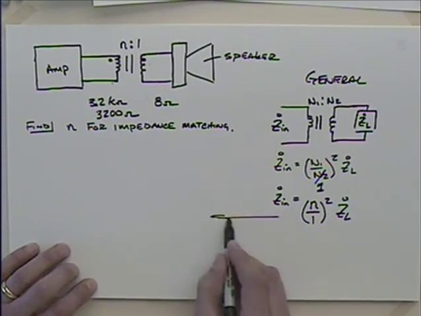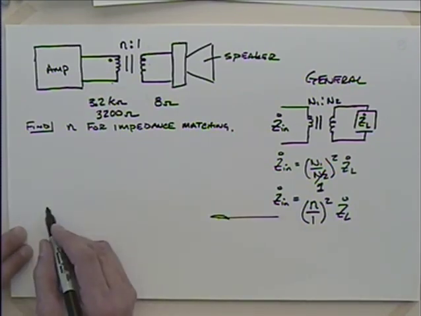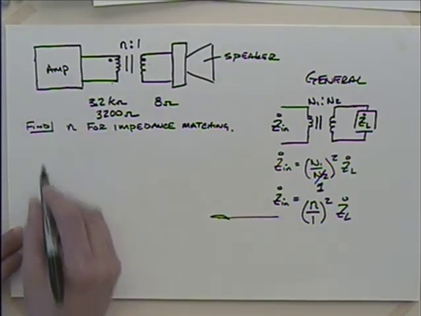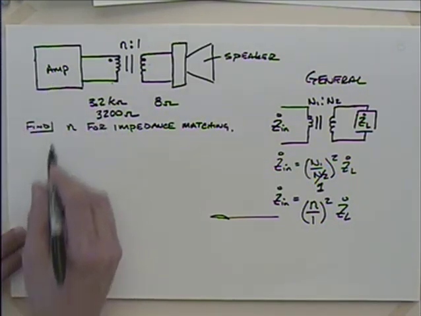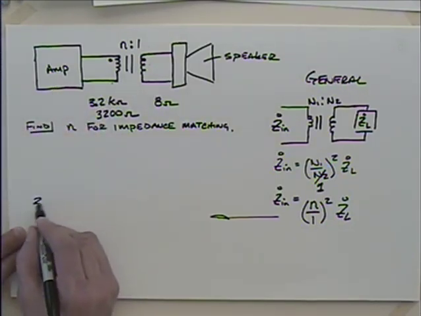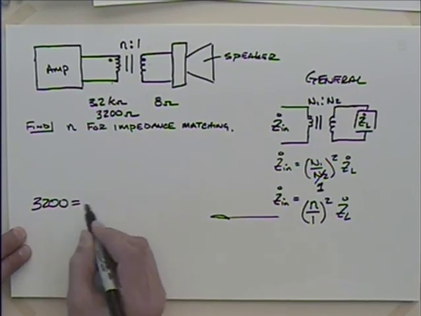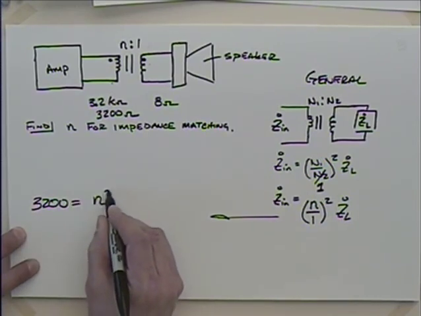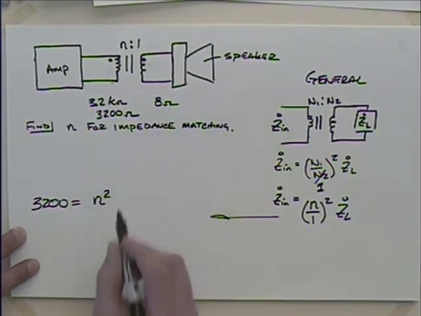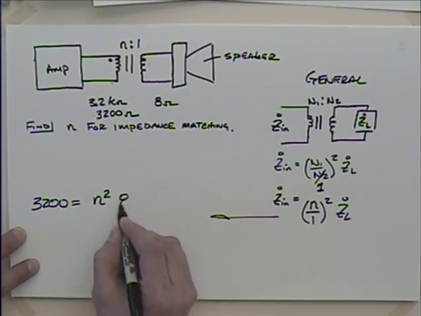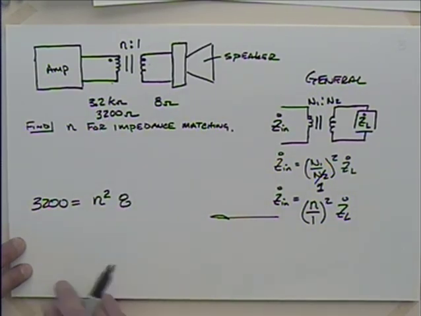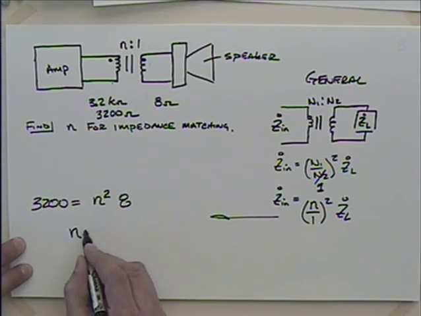So how does this work in this problem? The impedance or resistance in this case that the amplifier sees needs to be 3,200, right? So that has to equal N squared times what the load is. What's the load? 8? Okay, so you solve that and N turns out to be equal to 20.